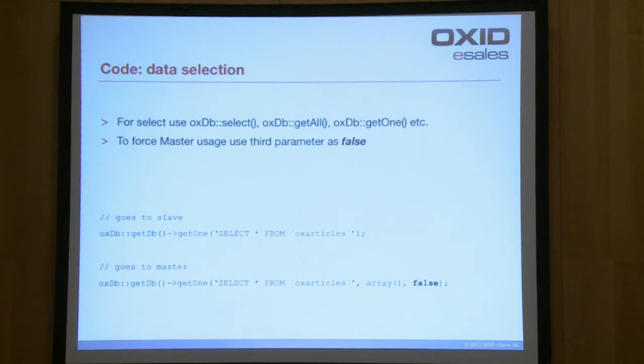By default, these methods go to the slave, and you don't care. If you don't have a slave, it will go to the master. That's simple. In some cases, when there are transactional operations, where you need to do some selects, some updates, some deletes, and it should be done on the master, all these methods can be switched to go to the master. This is done with an additional third parameter, false. That's all. Simple.